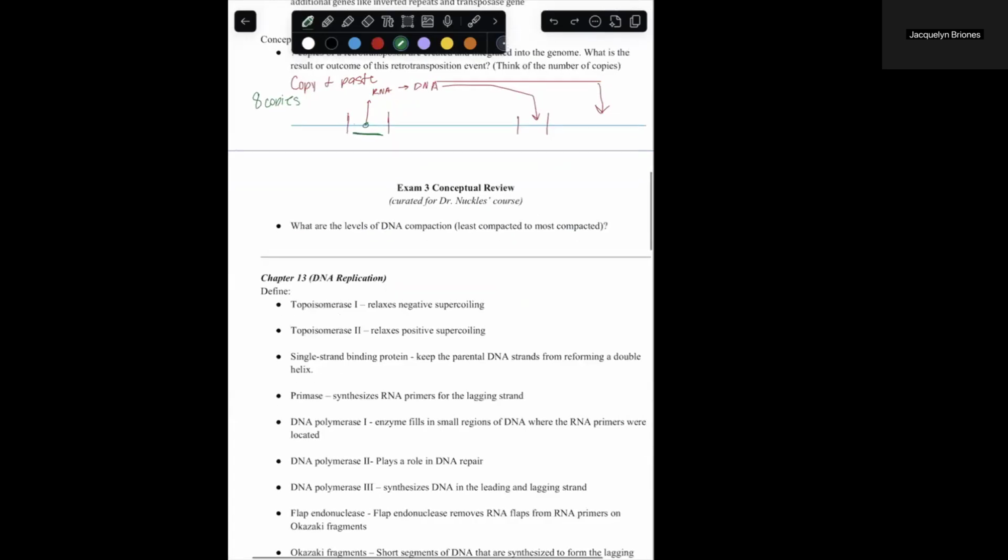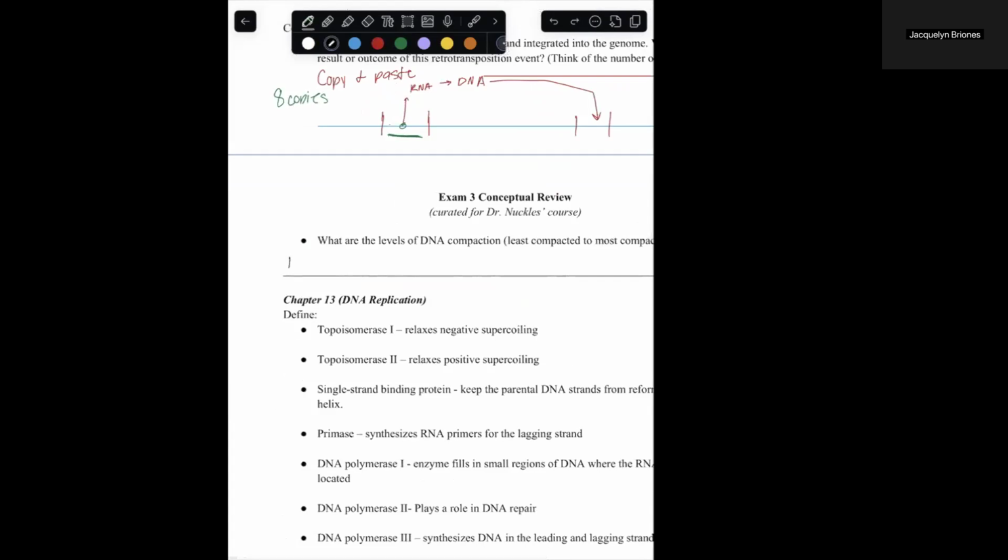So what are the levels of DNA compaction? Least compacted to most compacted. So obviously we're going to start with naked DNA and then we move to nucleosome.